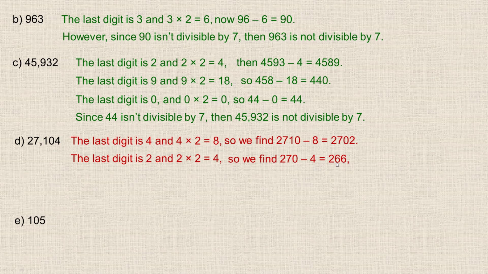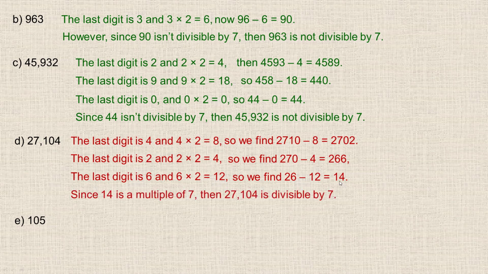Now, probably still too big to be recognizable as a multiple of 7 or not. So we take the 6 on the end and double it to get 12. After the 6 is gone, there's 26 left. And we subtract that 12 from it to get 14. Now, 14 is probably small enough to realize that 14 is a multiple of 7. It's 2 times 7. So that means that 27,104 is divisible by 7.